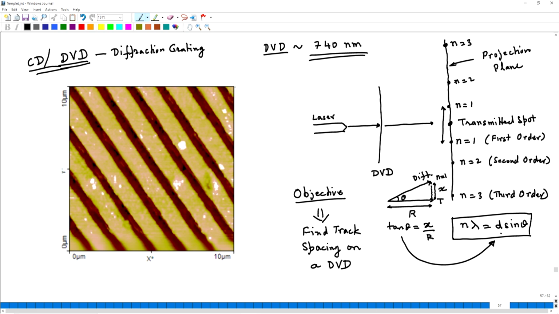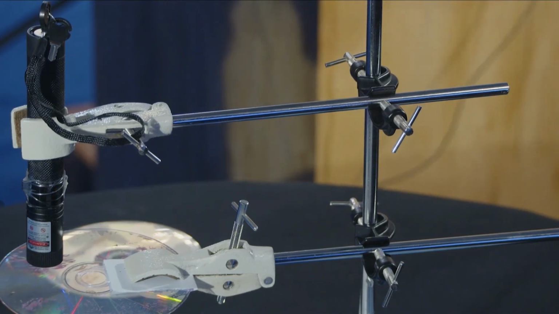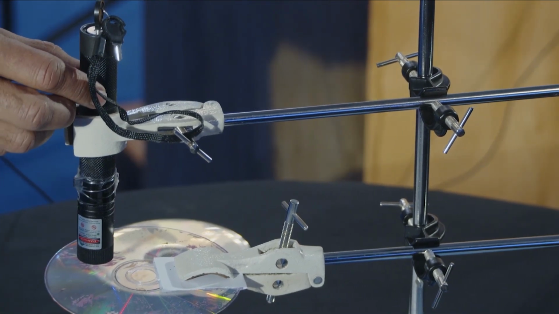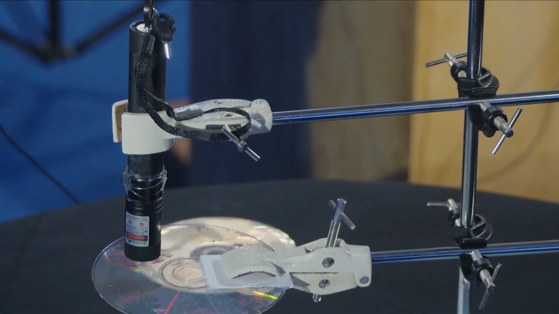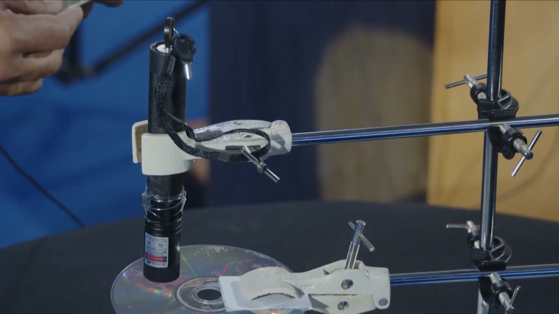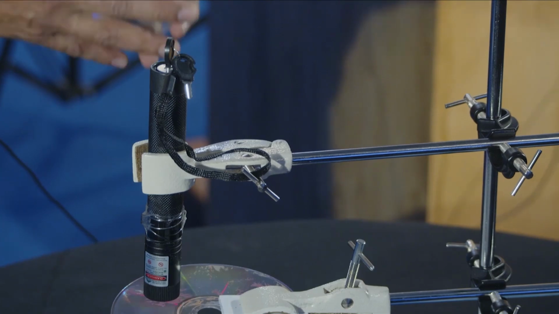So, let us quickly look at the experiment. Here is the setup I just described, which consists of a DVD and a laser. A DVD acts like a diffraction grating. This out here is my laser, a green laser which has a very specific wavelength. Then we took a DVD, and as you know, a DVD has two layers.